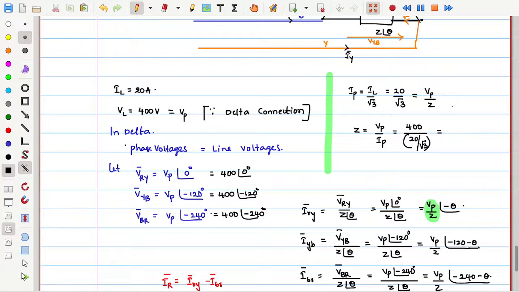So this is 34.63 ohms. Is this correct? Alright. So this is the thing.